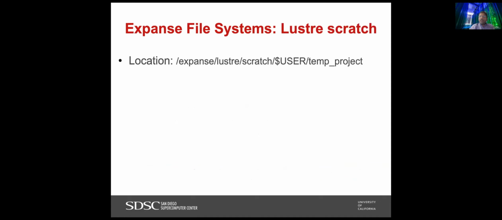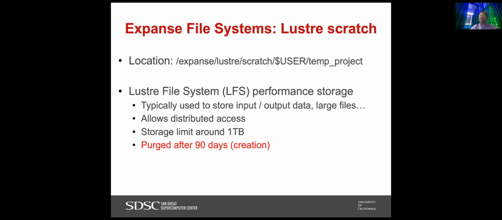So going to the next file system, this is the Lustre Scratch file system. We are basically looking at /expanse/lustre/scratch, your username, and then the temp_project. We deliberately chose this temp_project location so that mentally you think of it as a temporary location and not a place to park data for the long term. This is typically where you would store large input data sets.